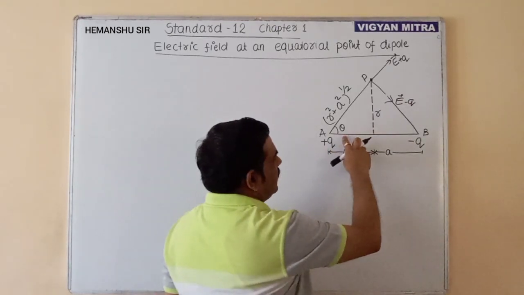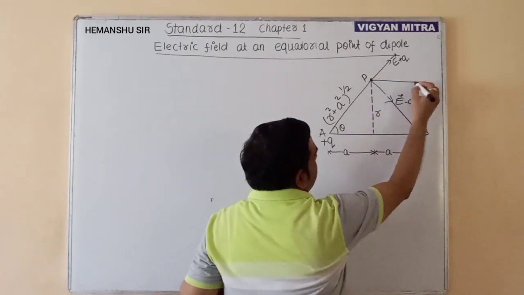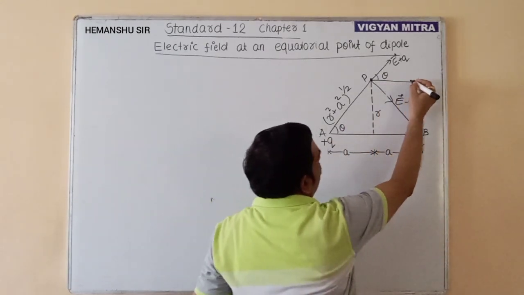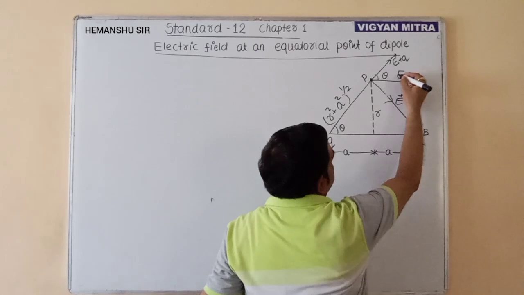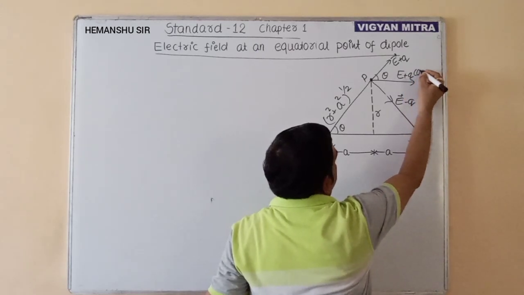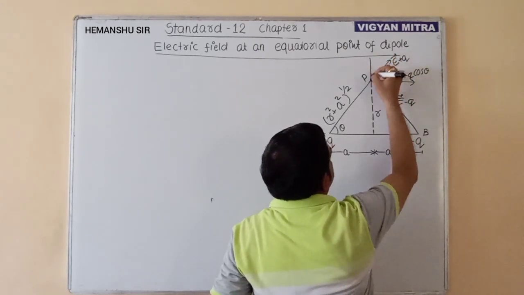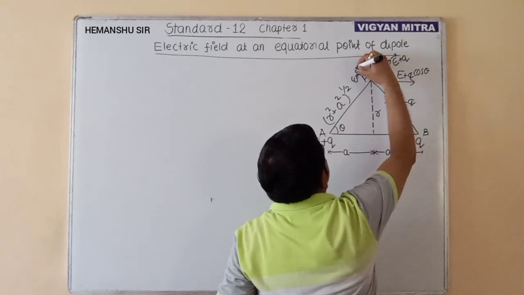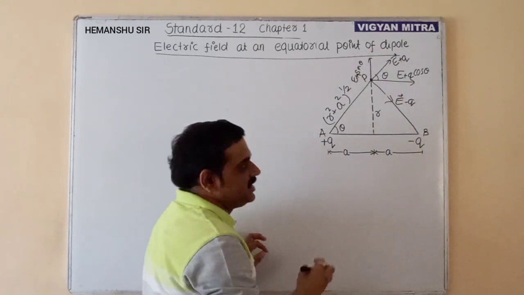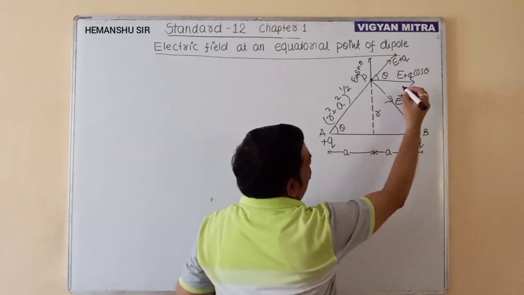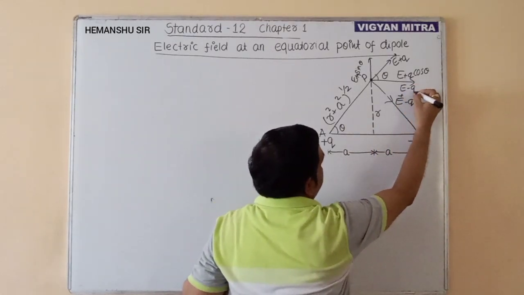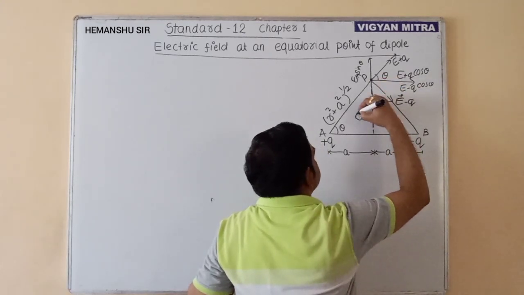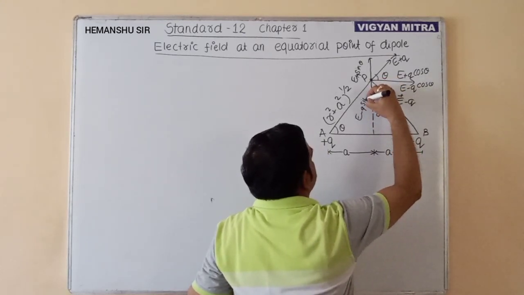If this angle is theta, then this angle is also theta. So we will have two components of E plus Q: E plus Q cos theta and E plus Q sin theta. Similarly, E minus Q also has two components, E minus Q cos theta, and the perpendicular component is E minus Q sin theta.